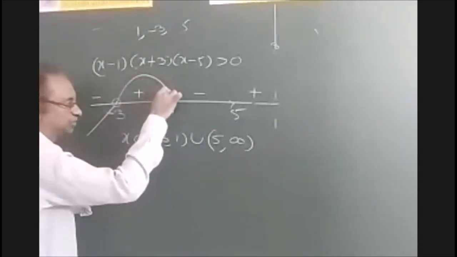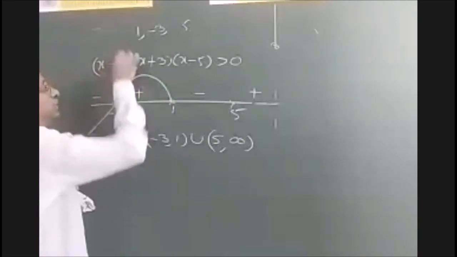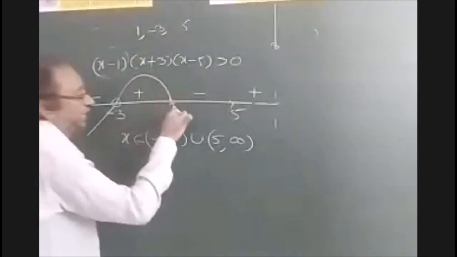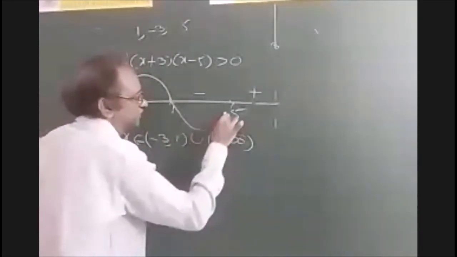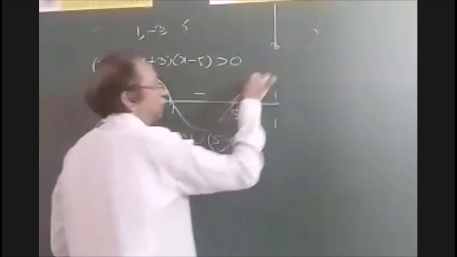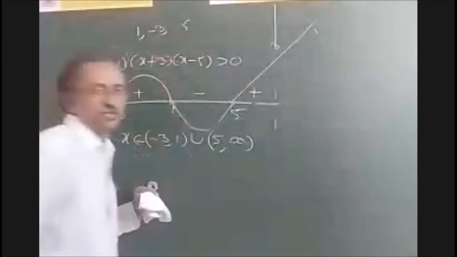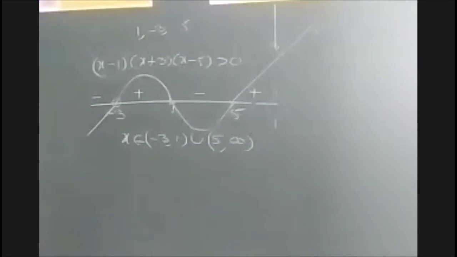And again it goes down because at x = 1 the value must be 0. Here negative, below the x-axis. Here 0. Here above the x-axis means positive. The graph goes like this. So that's why it is called the wavy curve method. Here x belongs to (-3, 1) union (5, infinity).